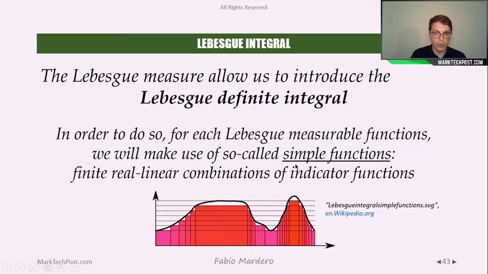So, for example, we will start from a simple function, that's their name, to go to the most generic type of functions. We will see that the simple functions are finite real linear combinations of indicator functions.